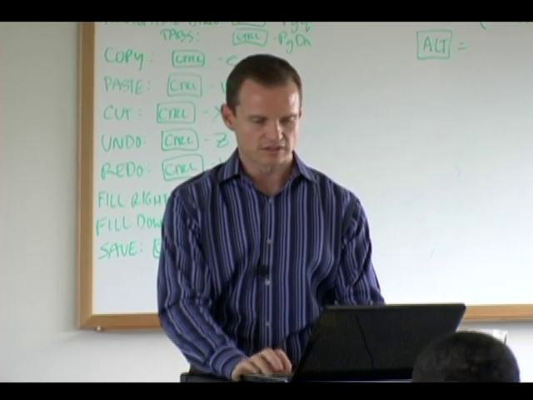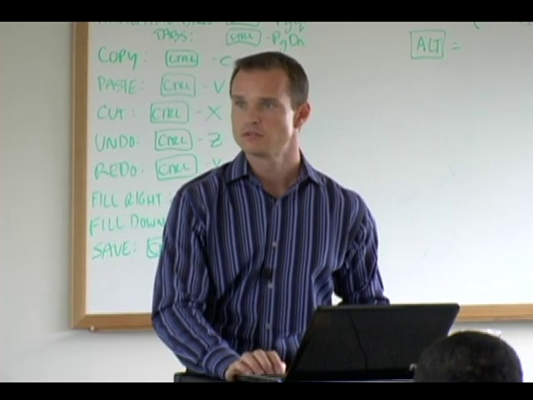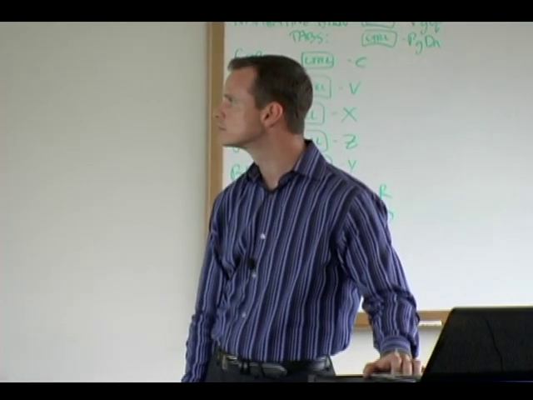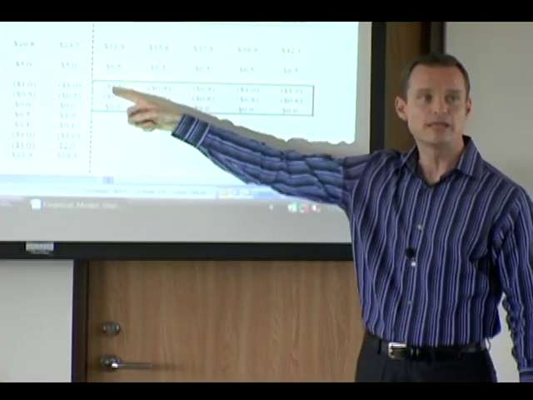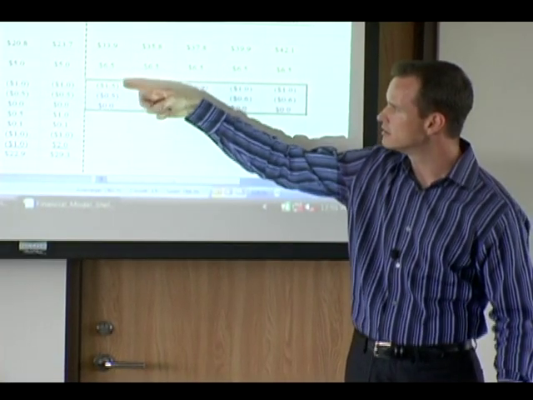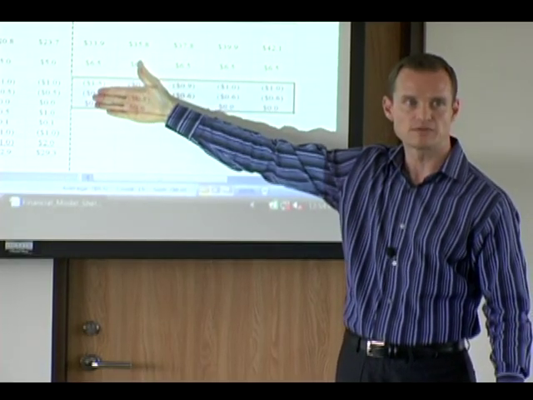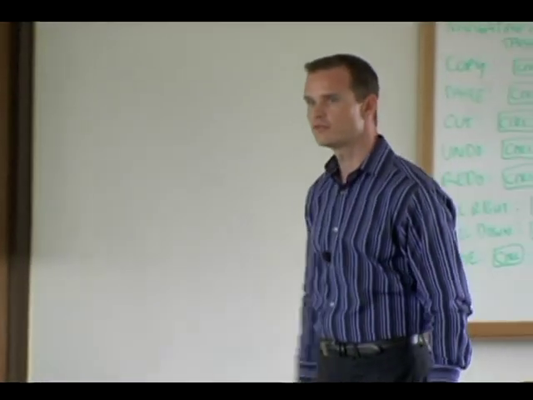And now I can fill these also across to the right, F9 to recalc, and I've got it for all 5 years. The reason I was able to fill that down is because these 3 appear in the same order in the balance sheet as they appear here in the cash flow statement.